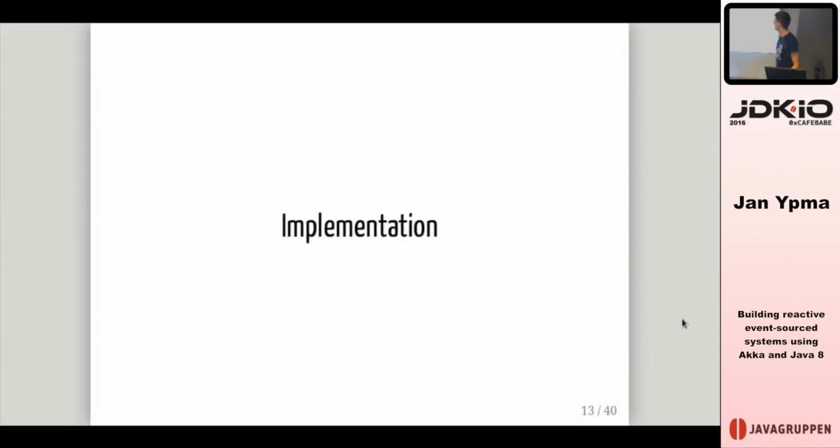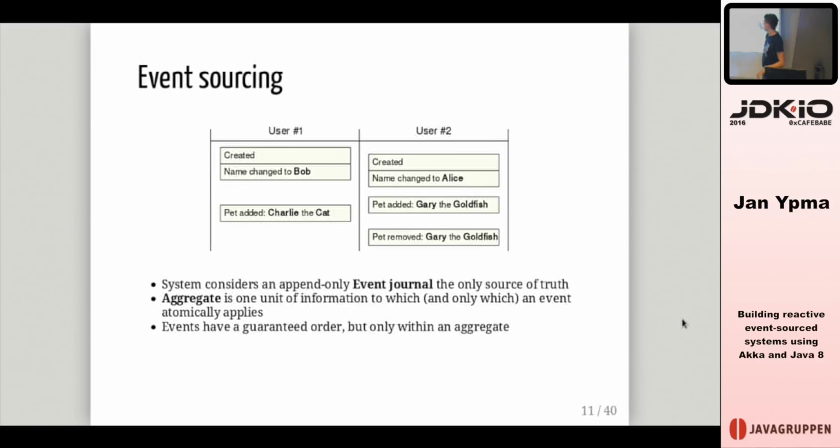If we go back to our event sourcing example, these are events that actually happen, but if you imagine that there were actors representing these 2 users, you had messages that you send to this actor. You could say here, create user or something. You could send that to the user actor to create itself. You could say add pet to add a pet. You could say remove pet.